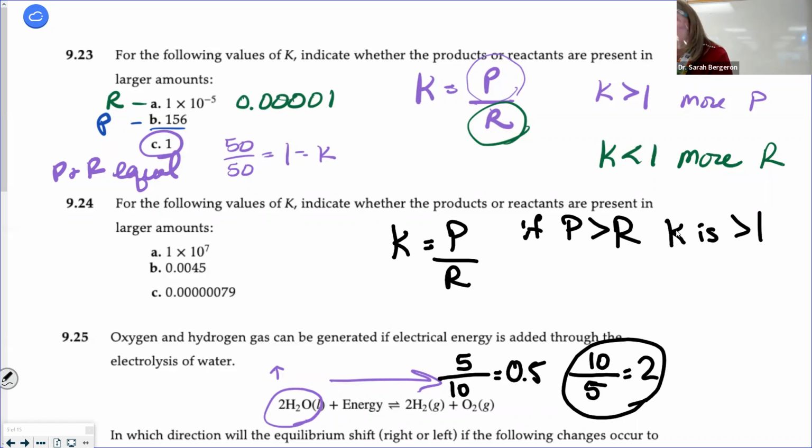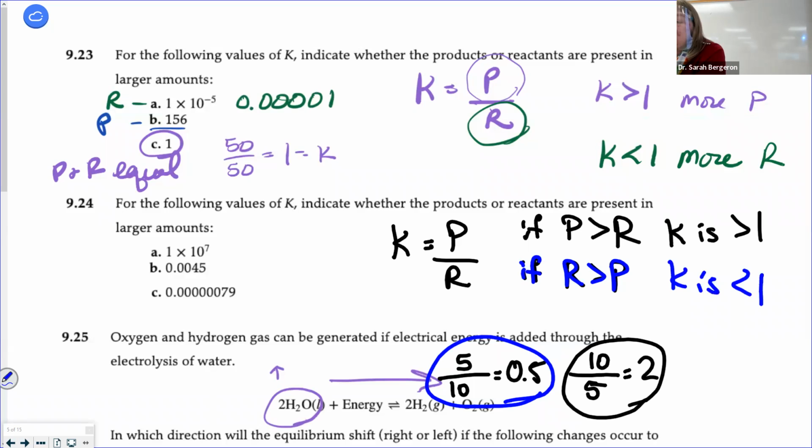It will always happen that way. Now, if the reverse is true, if R is greater than P, so let me do this in a different color. If R is greater than P, so R being greater than P was our second example here, what did I get? I got a value that was less than 1. K is less than 1. It'll always happen that way. Always.